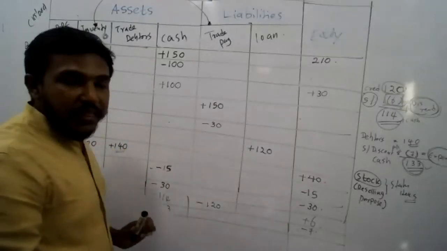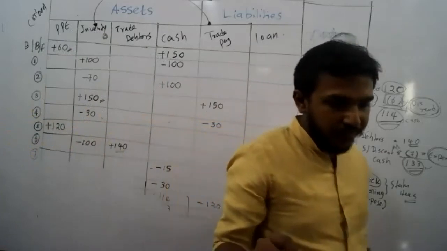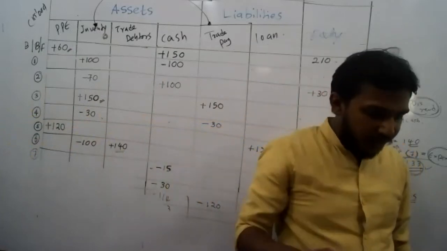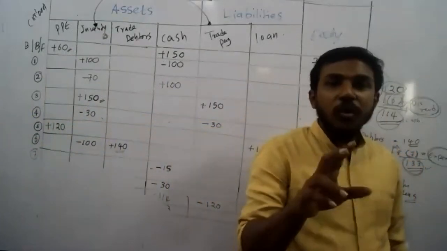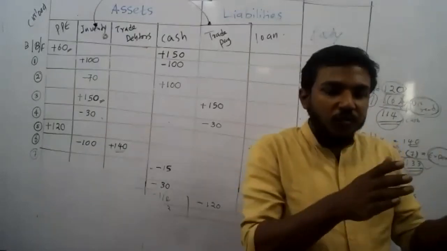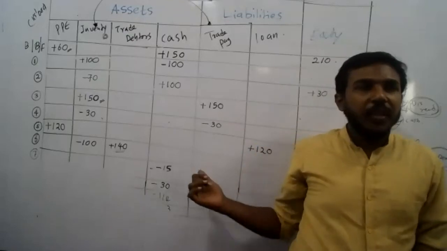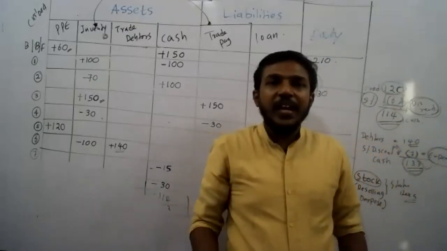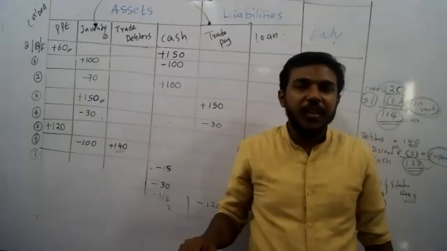Now look here, there is additional information. You might be wondering, do we need to consider the additional information for this table? No need to consider the additional information for this table.